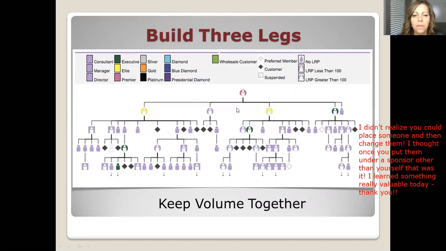So we just talked about these 3 key people. If you can see here, this person right now is a Premier by that pink little color right there, and they're a Loyalty Rewards member, okay? We can see that because the back of it is dark, and it's right now greater than 100 because it's round, okay? And you can see they have 3 key legs that they're working on.